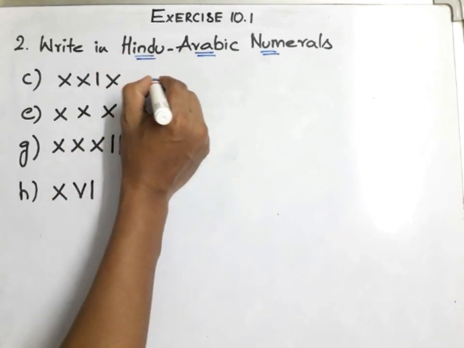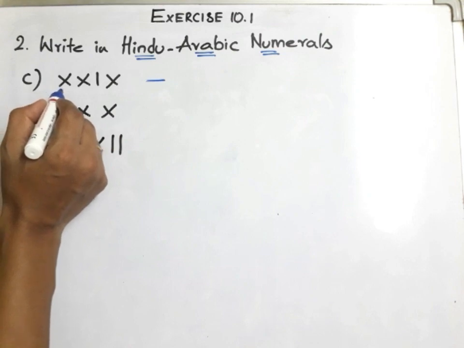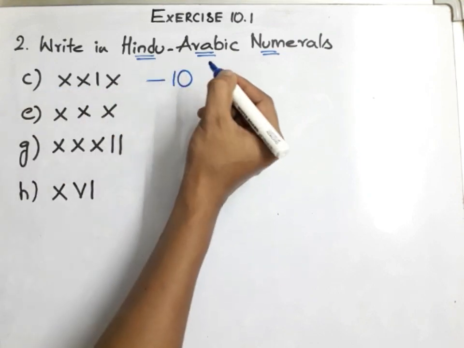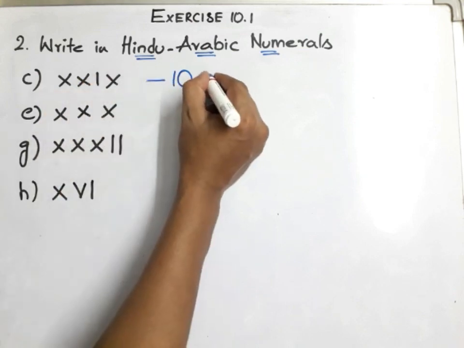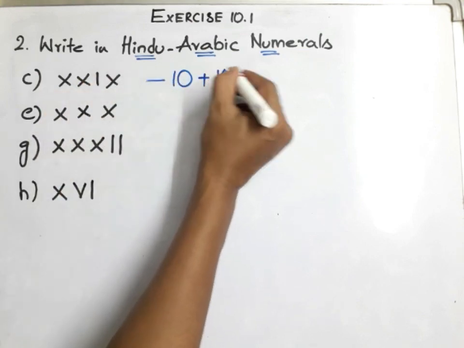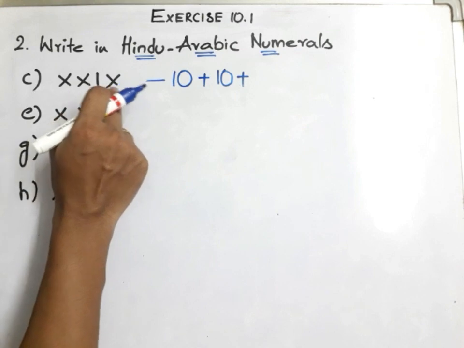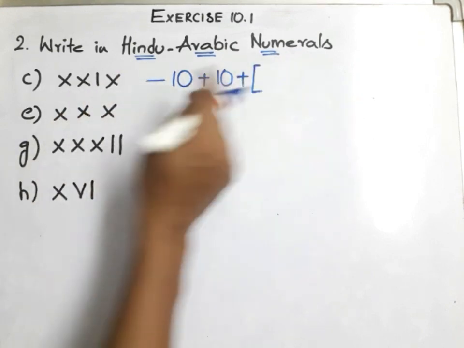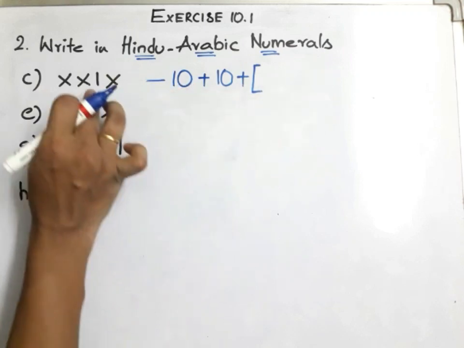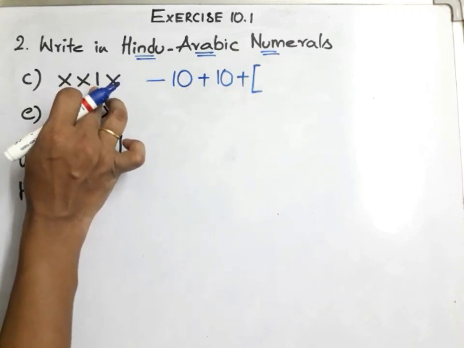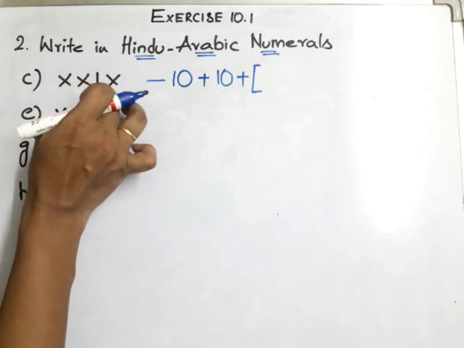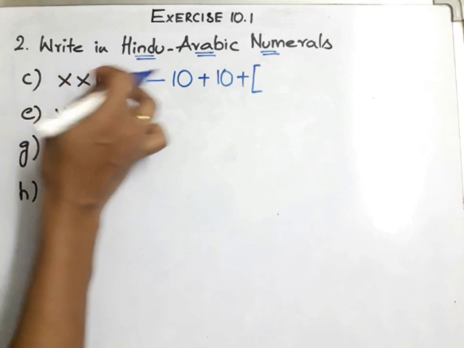So let us start. XXIX. For your understanding I am explaining the process. 10 plus 10 plus IX. Just look, if you are quite clear, no need to follow this. As I told, in one of the rules, if a smaller symbol is to the left of the greater, what we have to do?